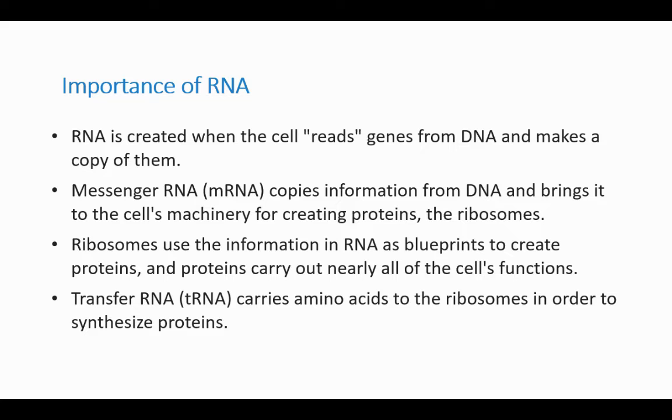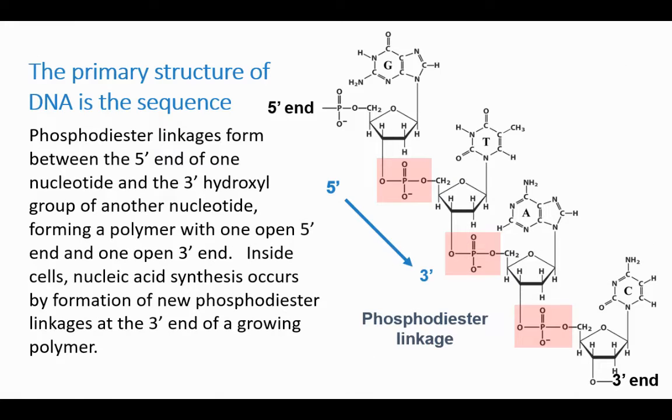Now, in terms of structure, we actually have three levels. The first one is the primary structure. Here you have your phosphodiester linkages. This is the name of the bond that is formed between the phosphate and the carbon of the sugar. Take note the direction of the DNA is usually from the 5 prime to the 3 prime end.